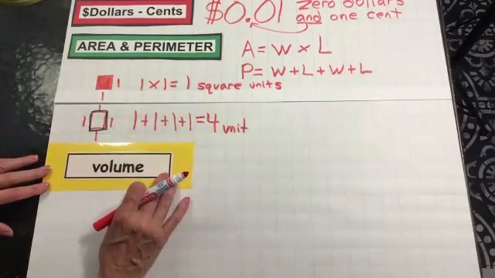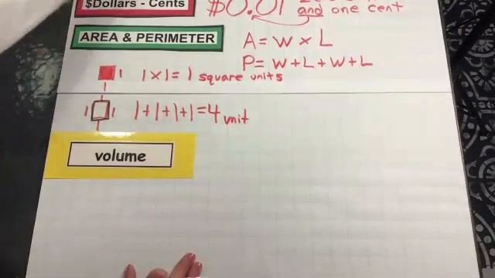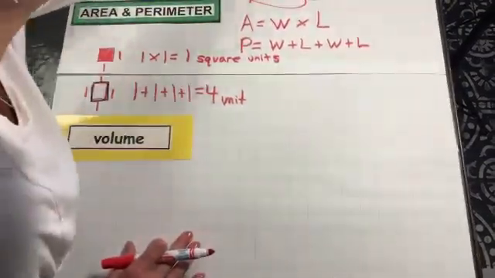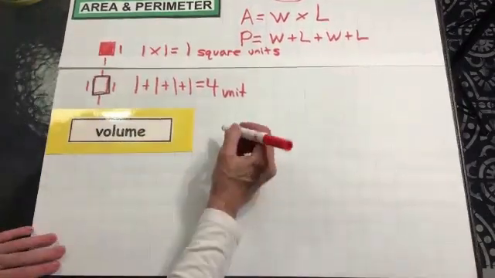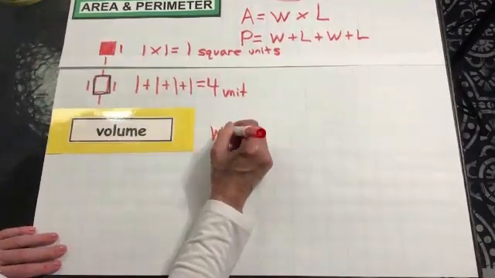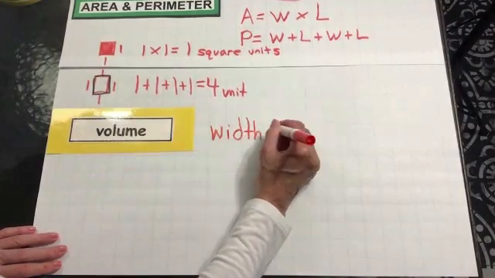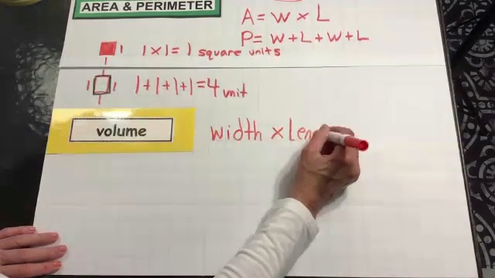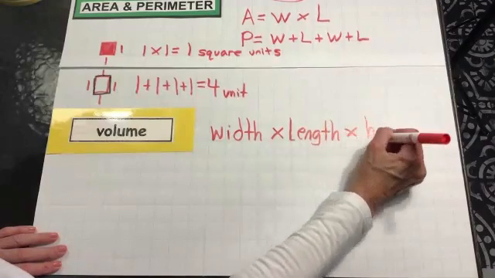All right, volume. So write down volume. And volume is width times length times height.